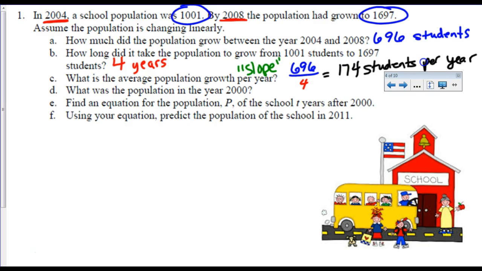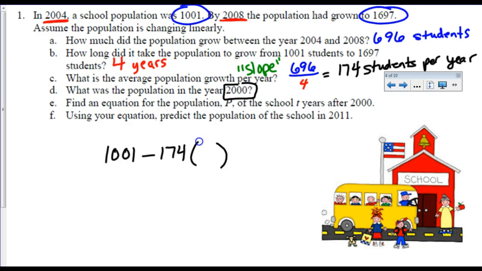So labels are super important here. What was the population in the year 2000? Well, they didn't tell me that, but I can maybe figure that out by going backwards. So you can either create an equation and use your equation at this point, or you can just literally think backwards. So if you started with 1001 in year 2004, and every year you're supposed to be growing 174, well, if you go backwards in time, that means you have to subtract 174.